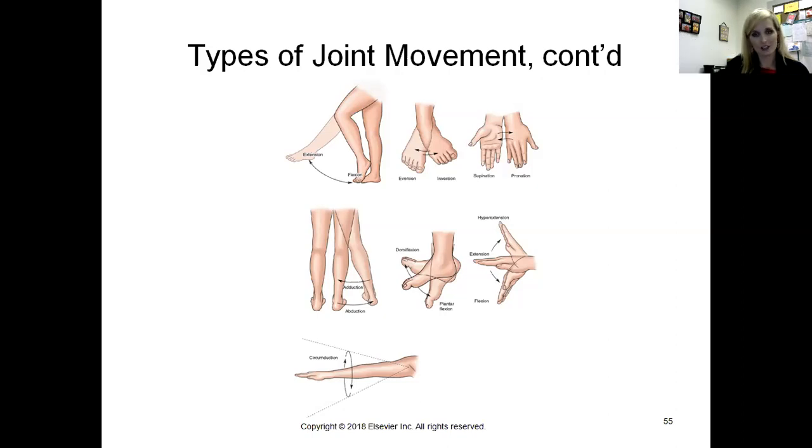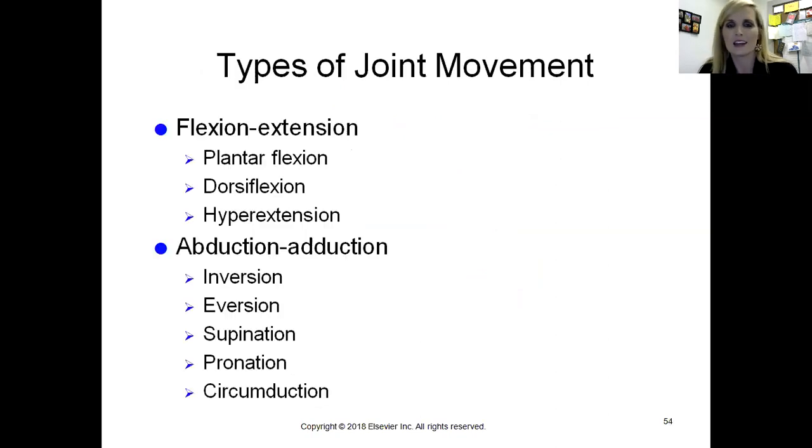And adduction with a D for David, moving it back towards the body. The way I always remember it, and this may sound silly, is when you're abducted by aliens, you're taken away. So to go away from the midline is to abduct. I know that's silly, but it helps.